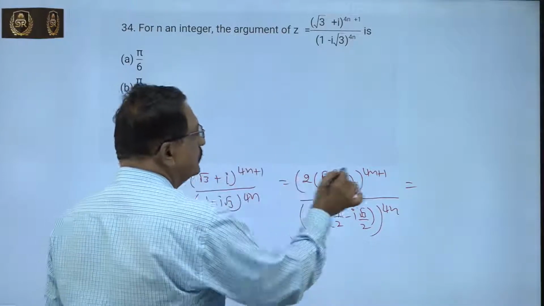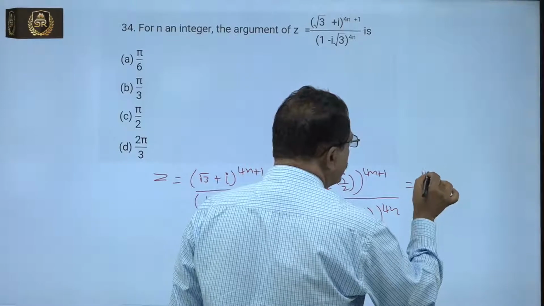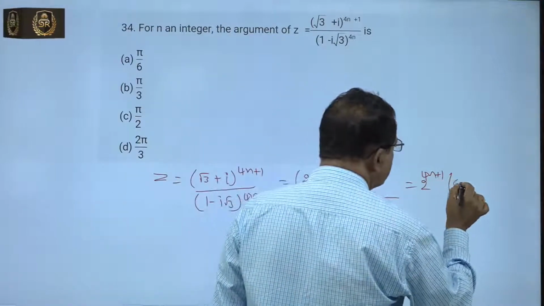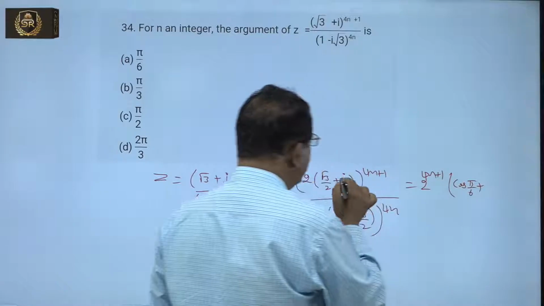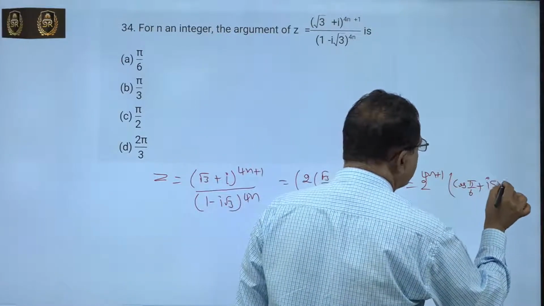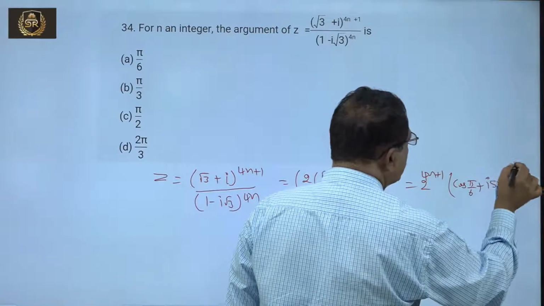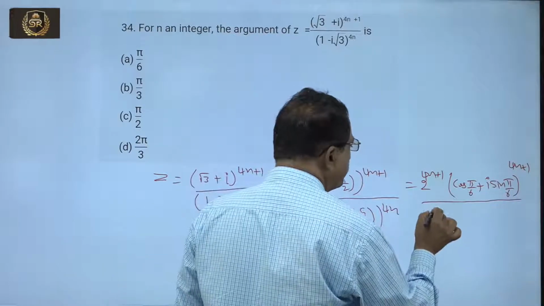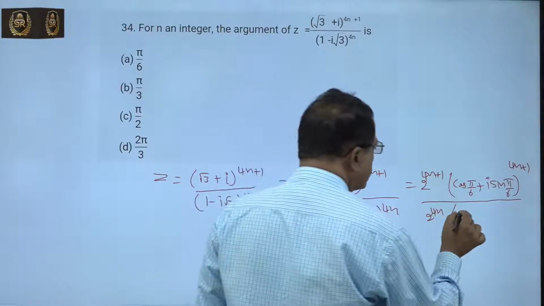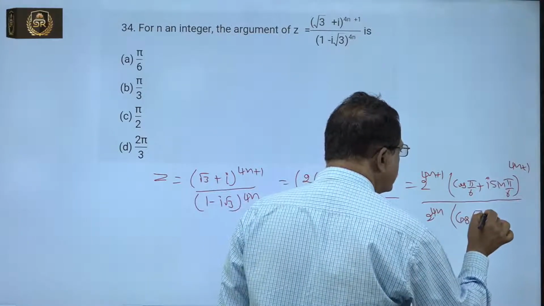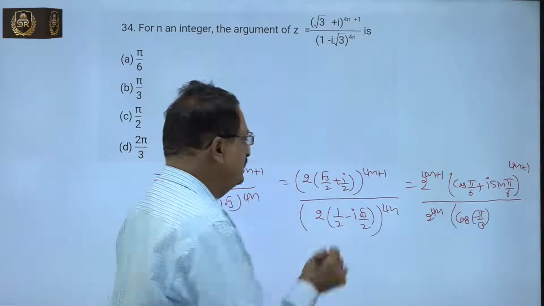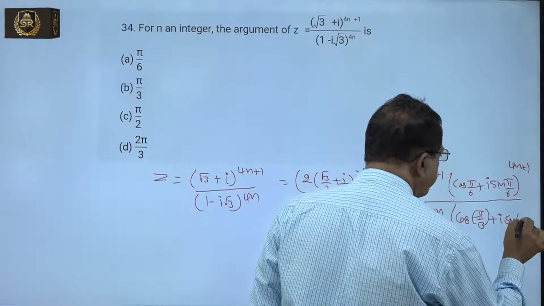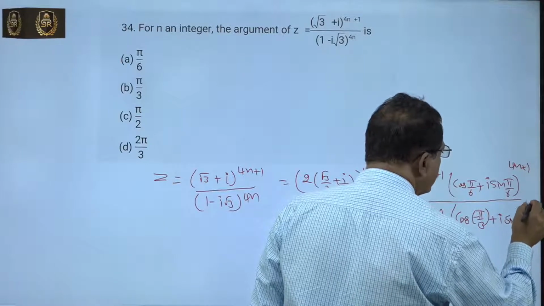That equals 2^(4n+1) times (√3/2 = cos π/6, plus 1/2 = sin π/6, meaning i sin π/6) to the power 4n + 1, over, in the denominator, 2^(4n) times (1/2 = cos(−π/3), and −√3/2 = i sin(−π/3)) to the power 4n.